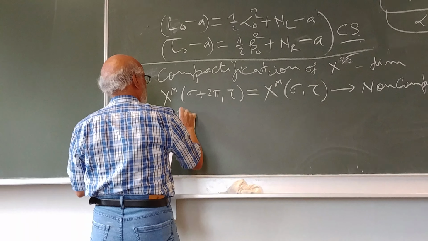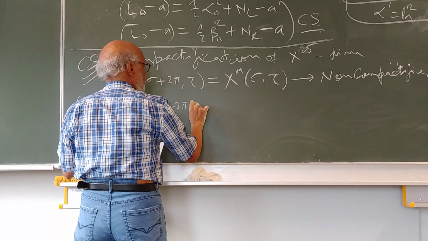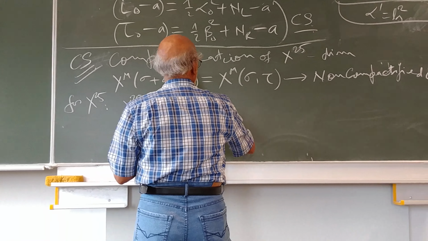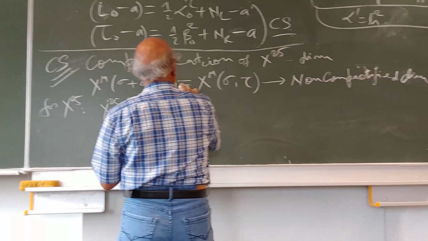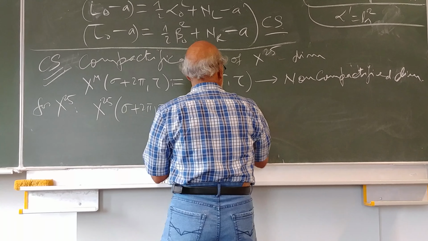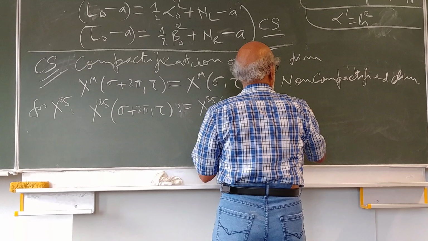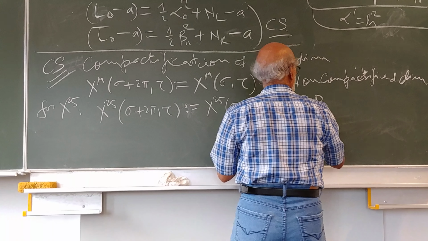we define it to be x25 of sigma and tau plus twice pi n.